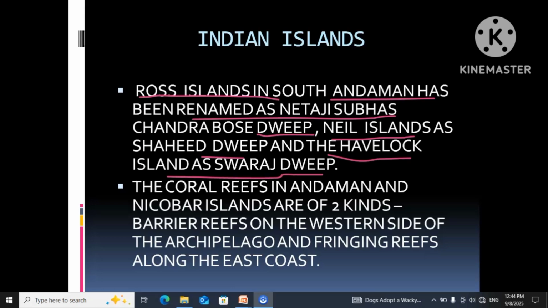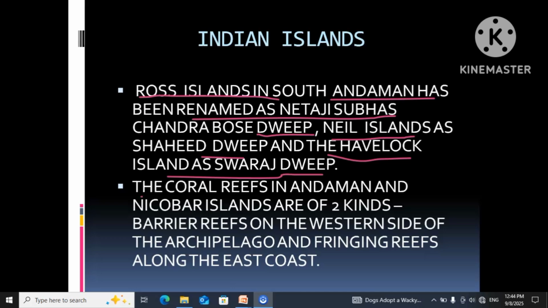So Havelock Island, Neil Island, and Ross Island, present in North and South Andaman, have been renamed as Netaji Subhash Chandra Bose Dweep, Shaheed Dweep, and Swaraj Dweep.